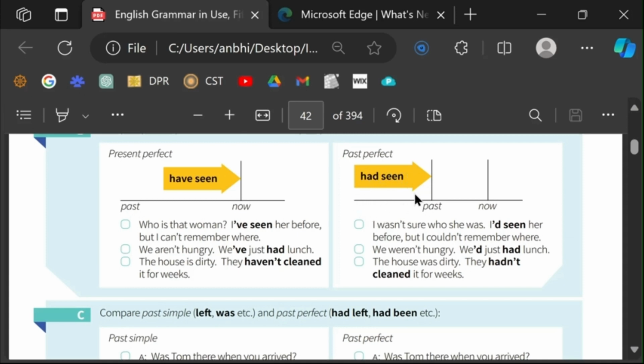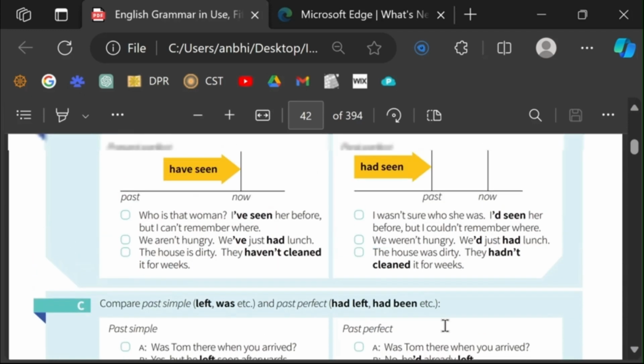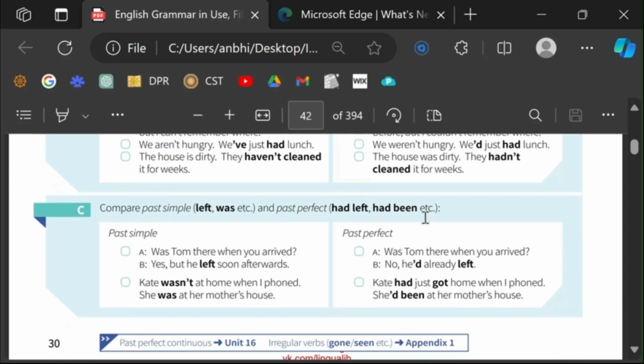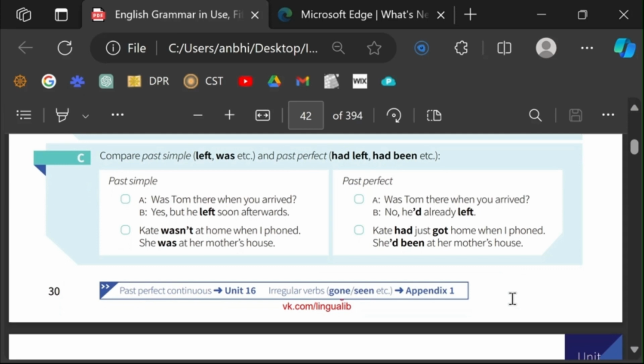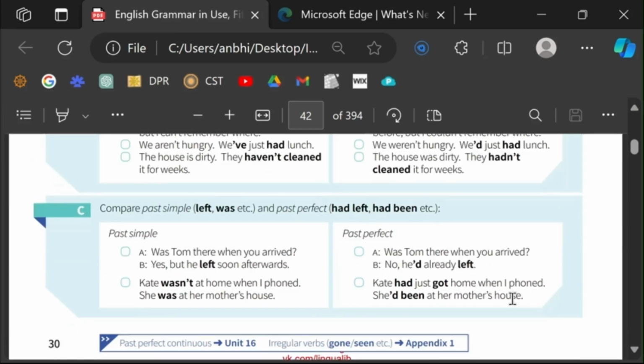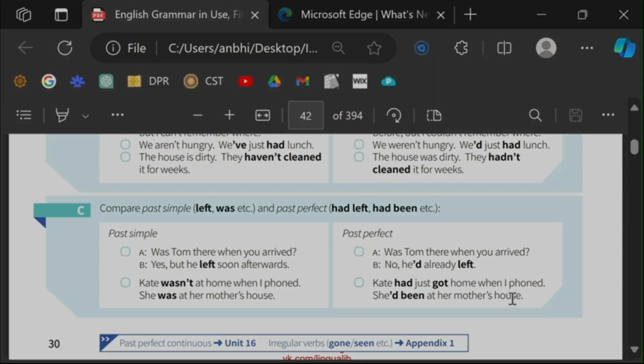And then she had just got home. And then I called. You can clearly understand the sequence of events. She had been at her mother's house. This is past simple. Past perfect simple.